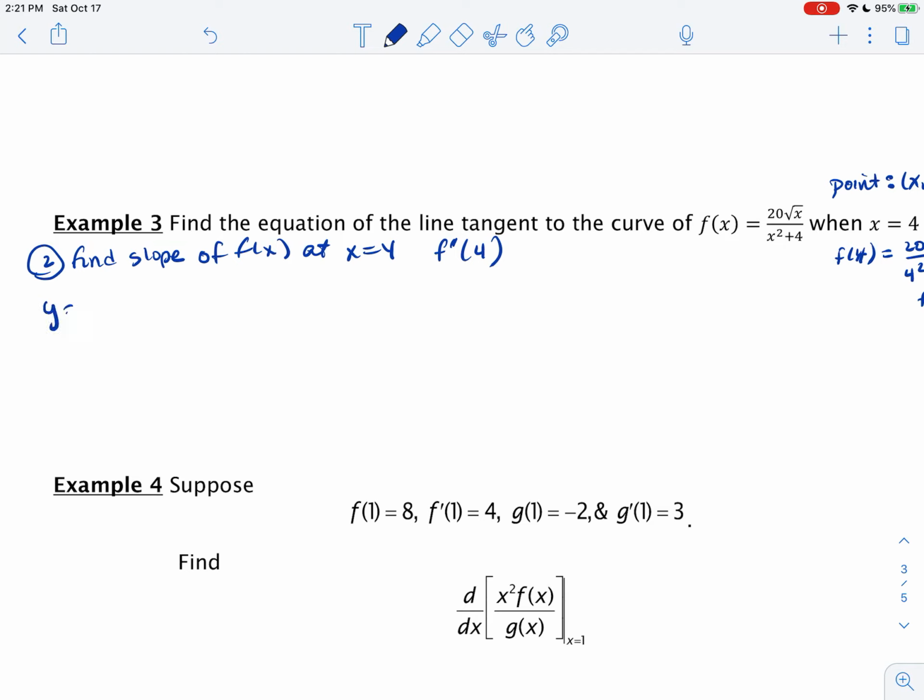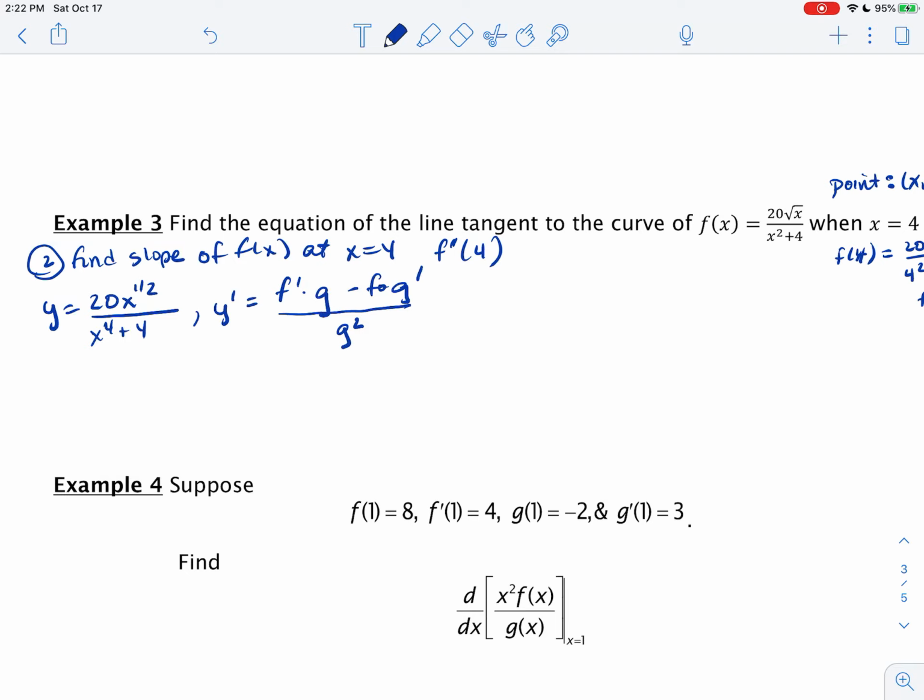If y here is equal to 20, and I'm going to change it now to x to the 1/2 over x squared plus 4. And there's my quotient, and I'm just going to say my y prime is going to be the derivative of the top times the bottom minus the top times the derivative of the bottom over the bottom squared.